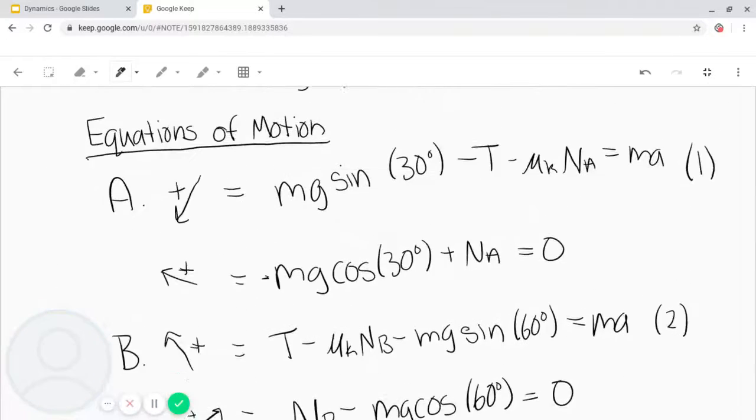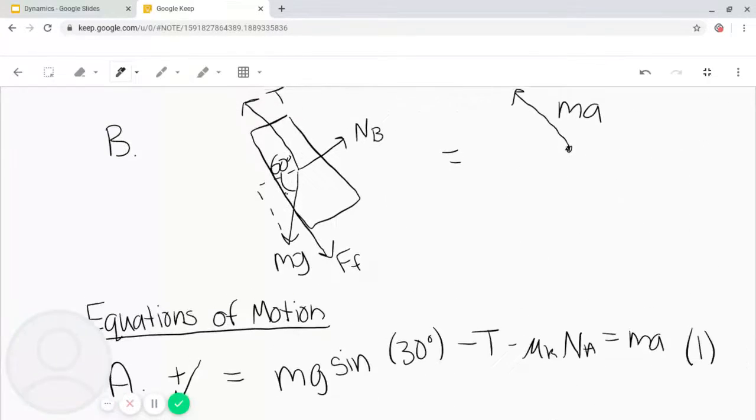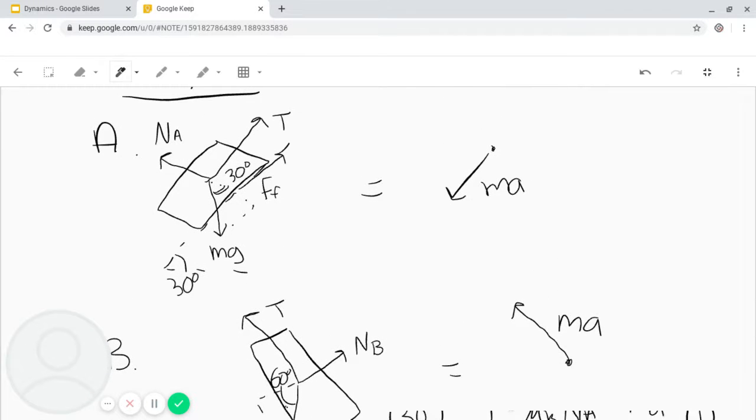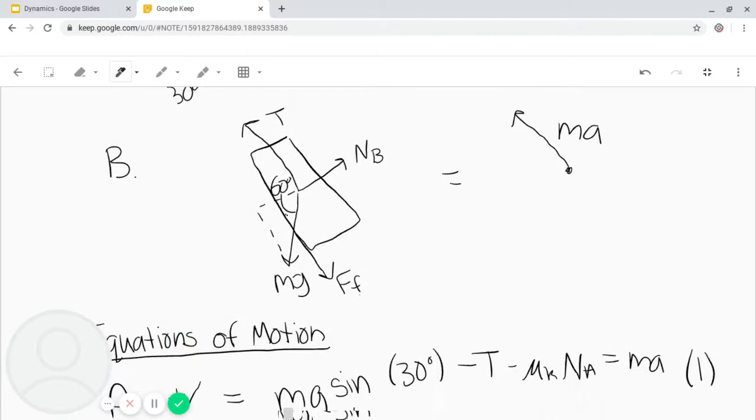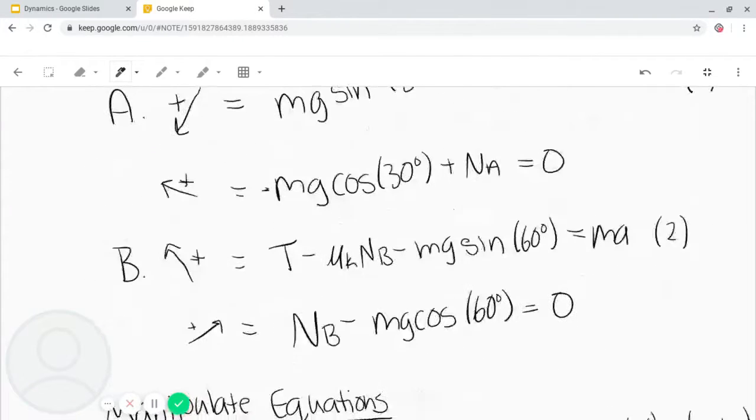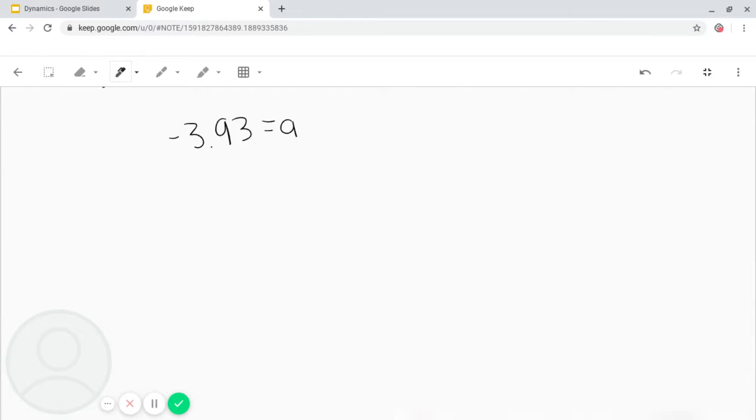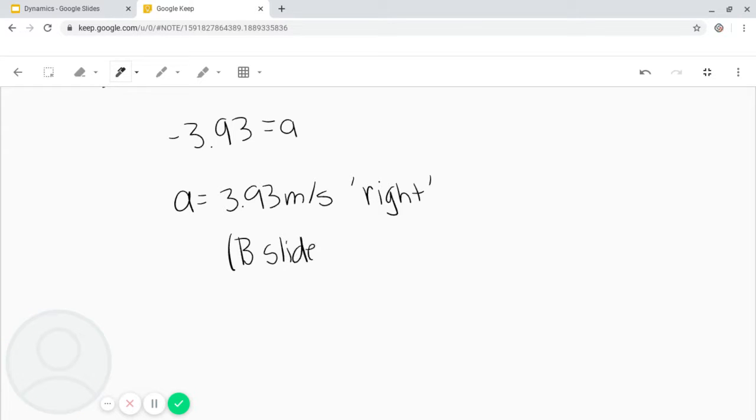So we assumed that acceleration was going to be to the left, but in fact, B would slide down and A would slide up. So that means acceleration is 3.93 meters per second squared. We can say right. So B slides down, A slides up.